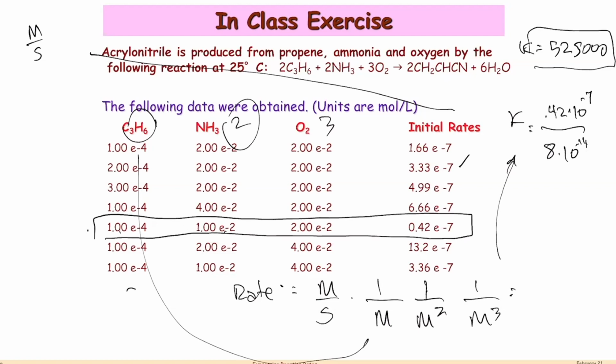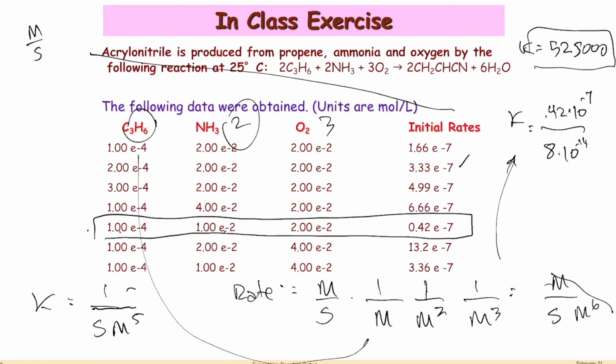So this is basically molarity per second, molarity to the 6. And if you do that, what you get is that K has a unit of 1/seconds, molarity to the 5th. And that's basically how you would do this.